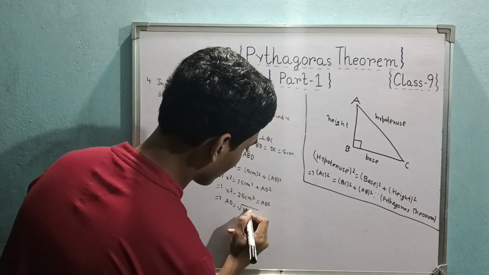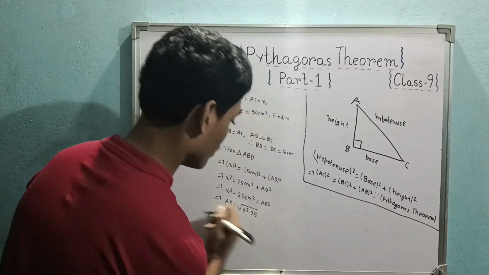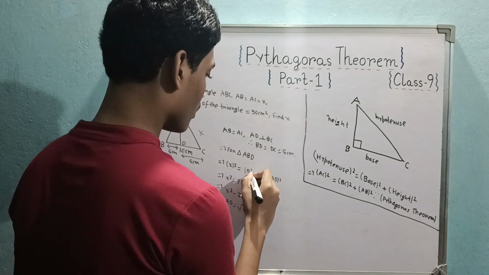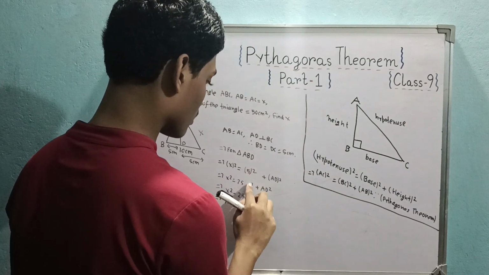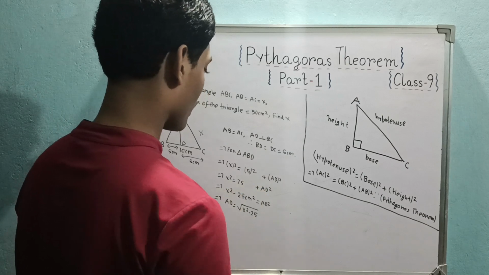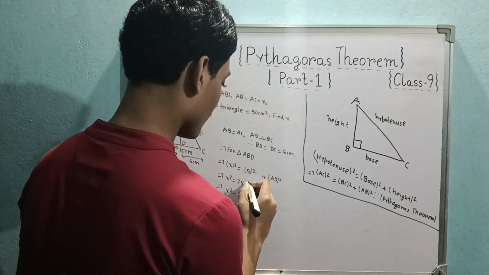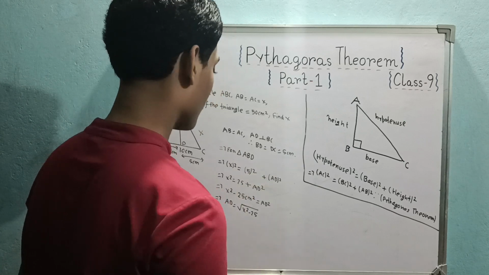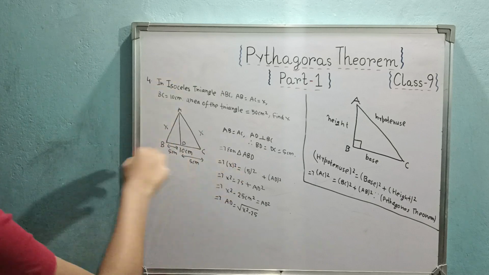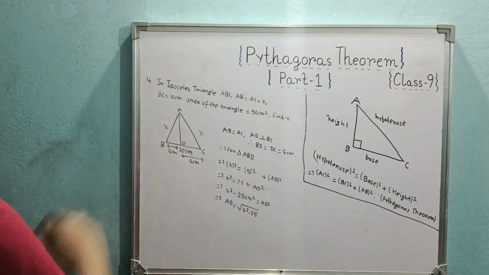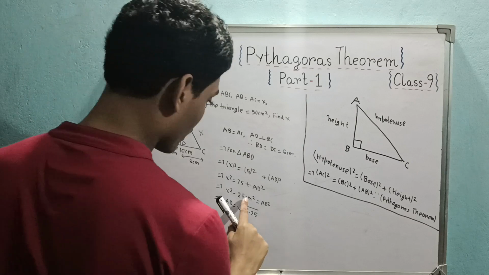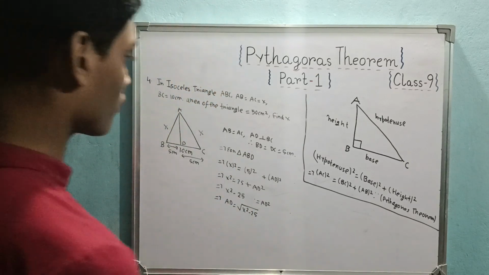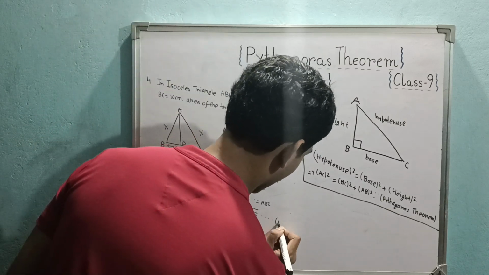Root of x square minus 25. So I am removing centimeter. This centimeter can be a problem, just don't write it. x square equal to 25 plus AD square, right? Yes. Hypotenuse square equal to base square plus height square. I have just removed the centimeter because in calculation it will be a problem for us. So AD is root x square minus 25. Let it be equation 1.